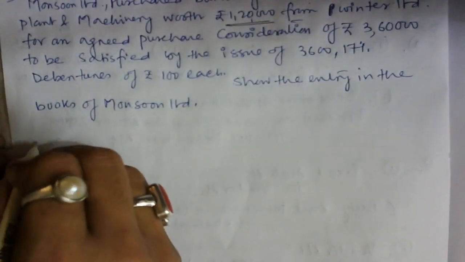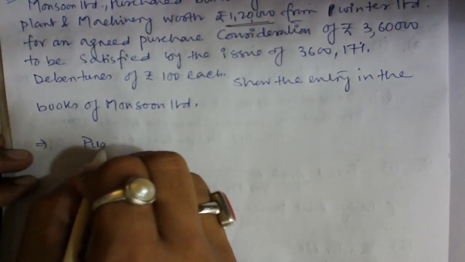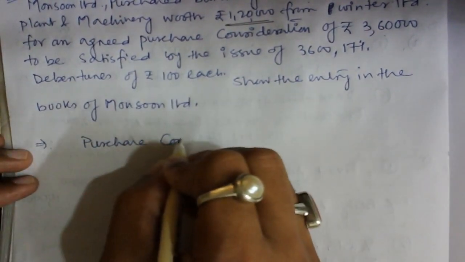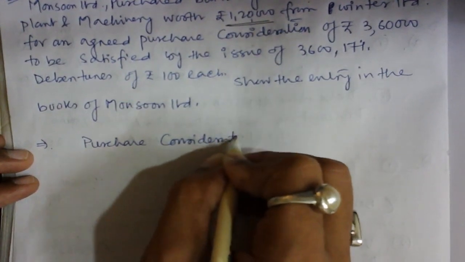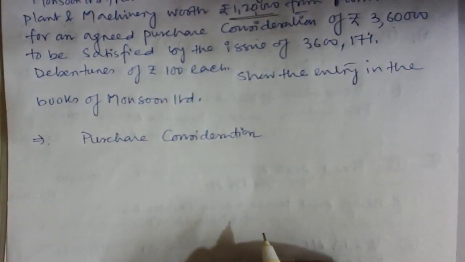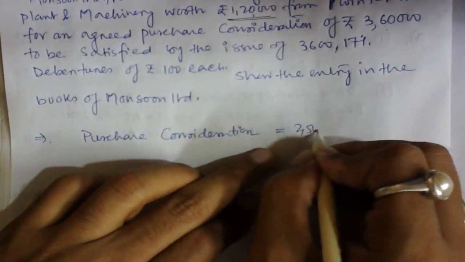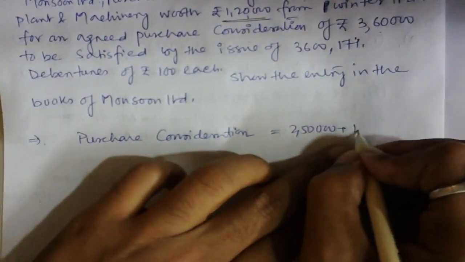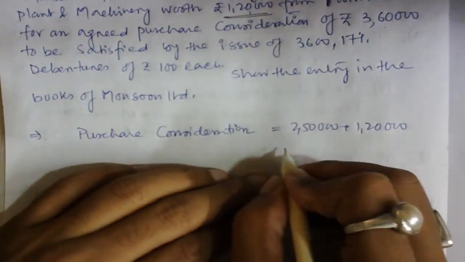See here. Can I write here? What is your purchase consideration here? 2,50,000 plus 1,20,000. Correct.